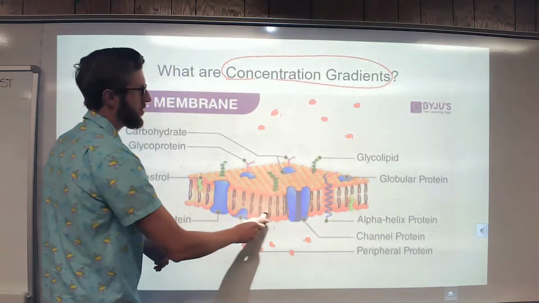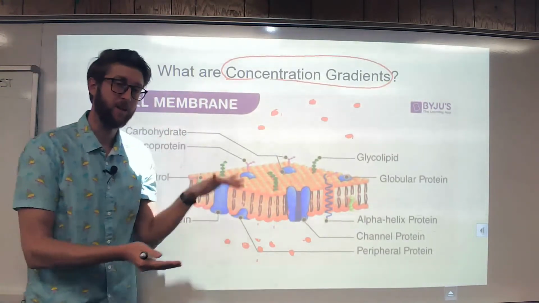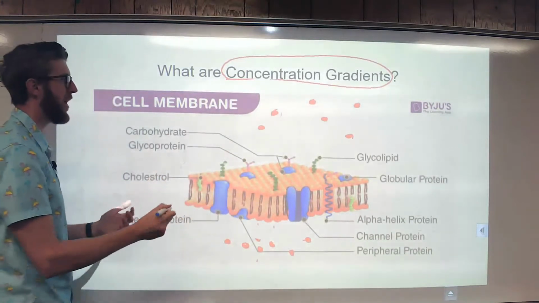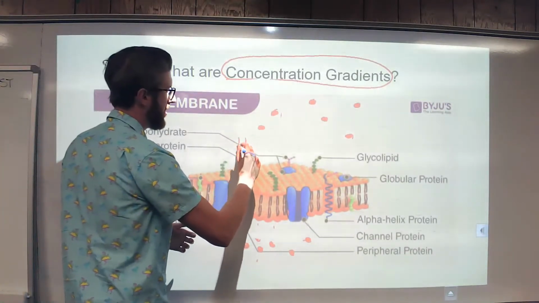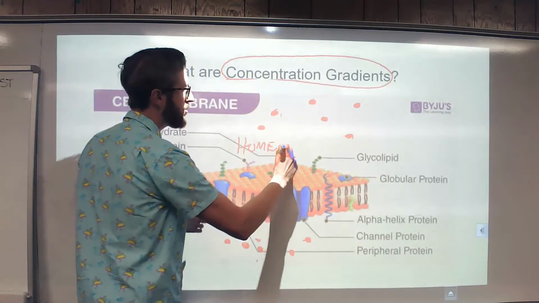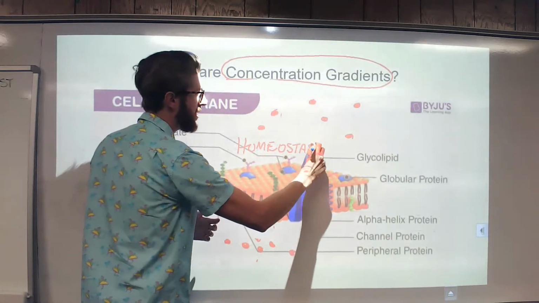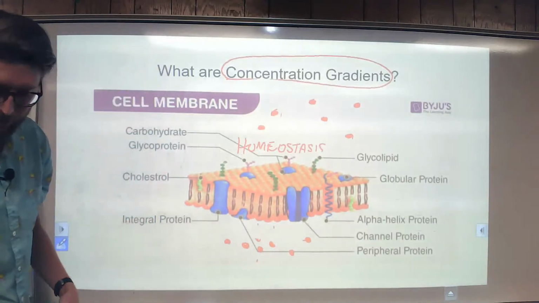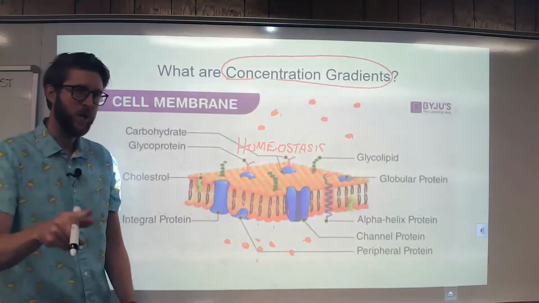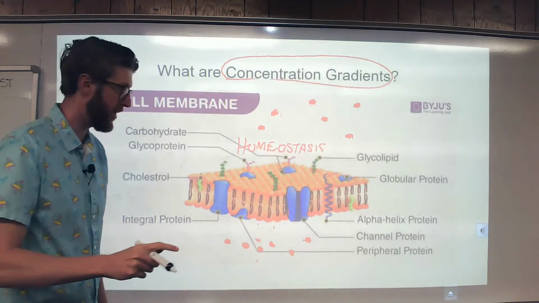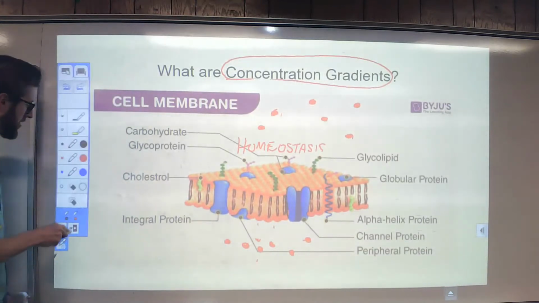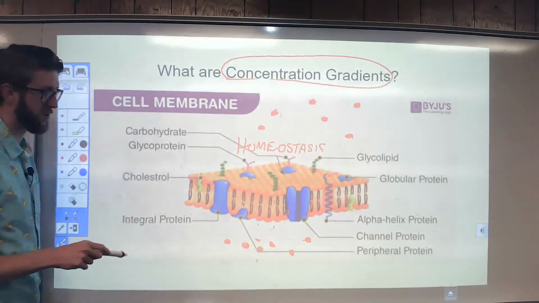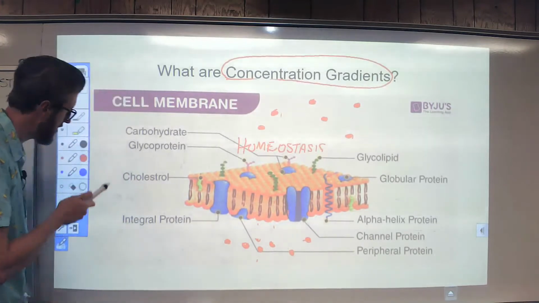And now the concentrations are balanced on both sides, and we have now reached homeostasis. And this is what your cells want. This is what your cells are always trying to get, okay? But it doesn't always happen, and it's not always easy. And sometimes you have to make homeostasis happen. It doesn't just happen on its own, okay?